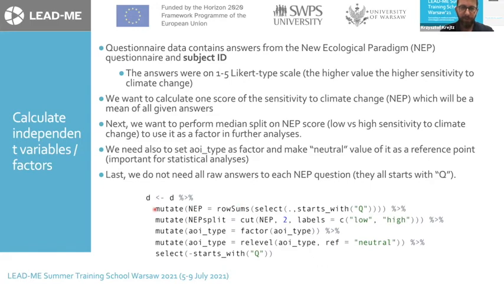So let's do it with the first row. I will mutate my data frame. I want to create a new variable NAP, which equals row sums, because I want the sum of each row. And then I select all that I want to sum.